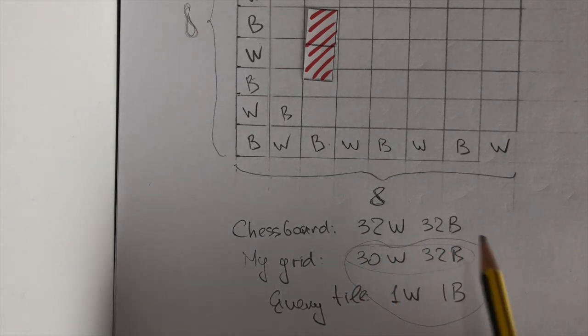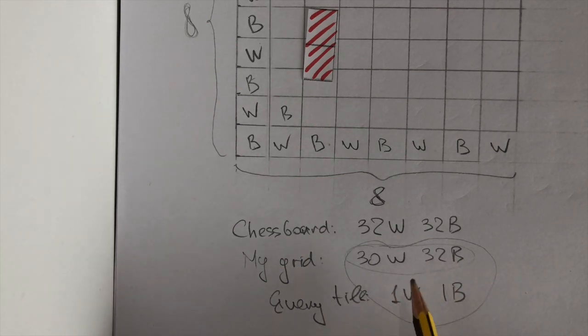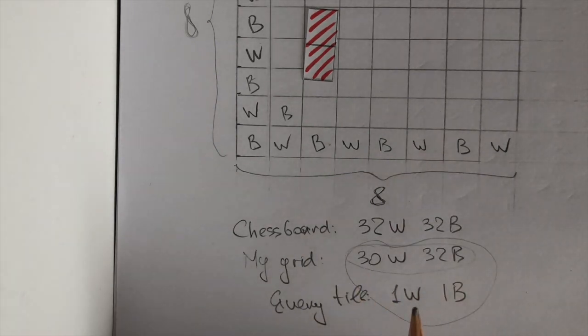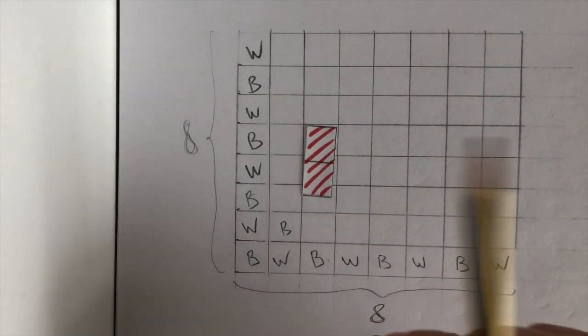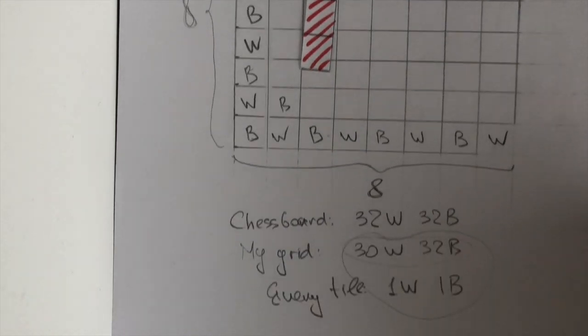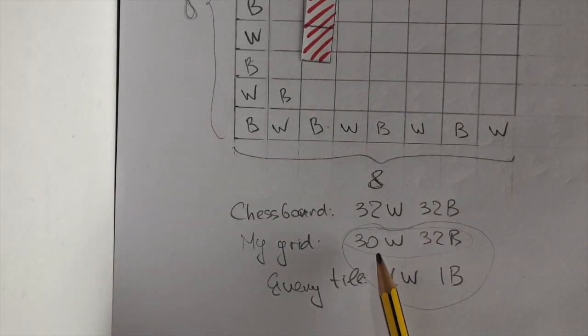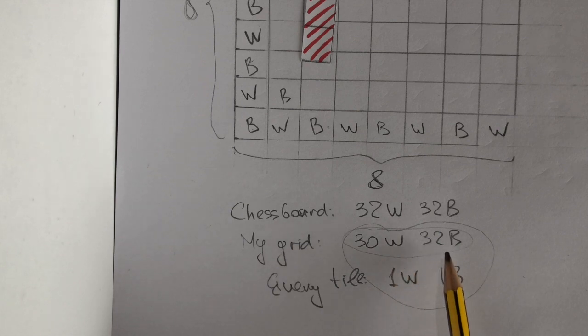And by comparing these numbers, you can sort of see how we are done. We arrive at a conclusion that it's impossible to cover this altered grid with 1x2 tiles. Why? Because overall, the number of white cells is not the same as the number of black cells.